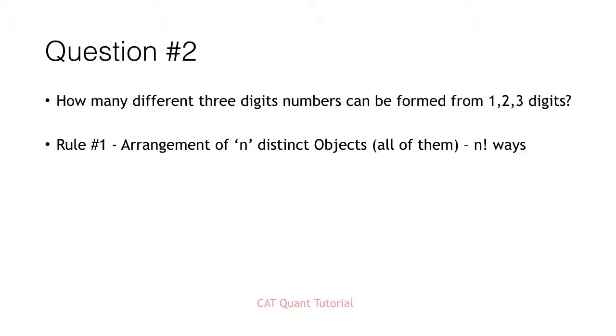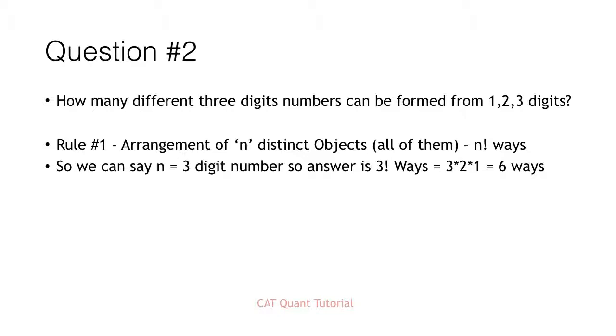My answer should be n factorial ways, n is equal to 3 factorial. So the answer is 3 into 2 into 1, that is 6 ways. You can guess what the numbers could be: it could be 123, 321, 213, 231, and likewise.